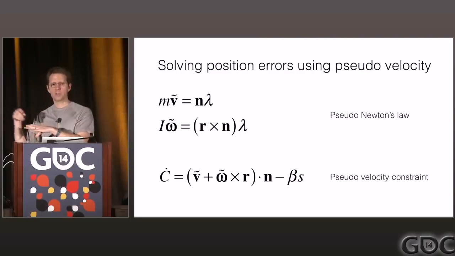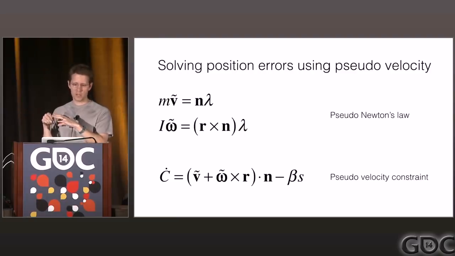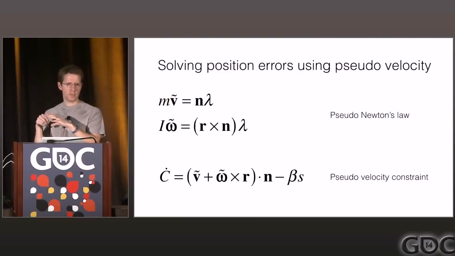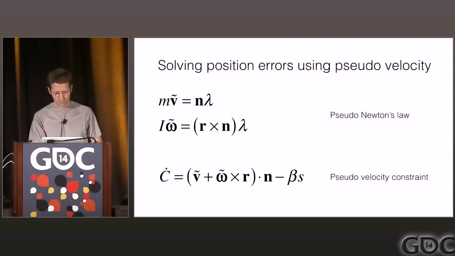So now there's this extra iteration loop. It's not too bad because I found in practice I don't need as many iterations for the position solver as I need for the velocity solver. Where for the velocity solver I might use 8 iterations, for the position solver I use 2 or 3 iterations.